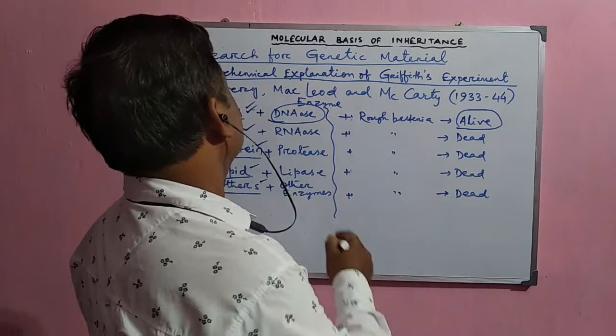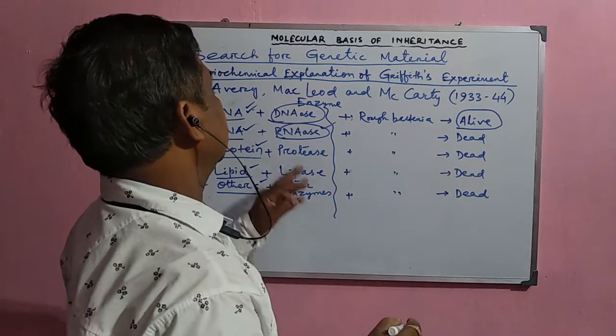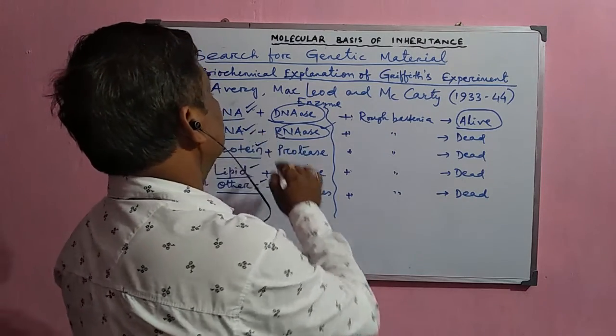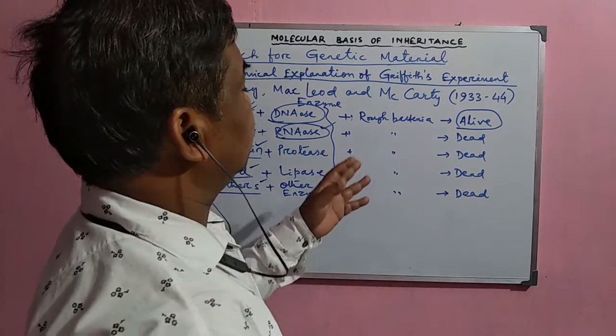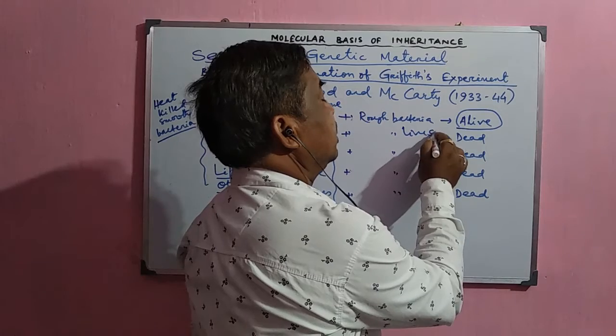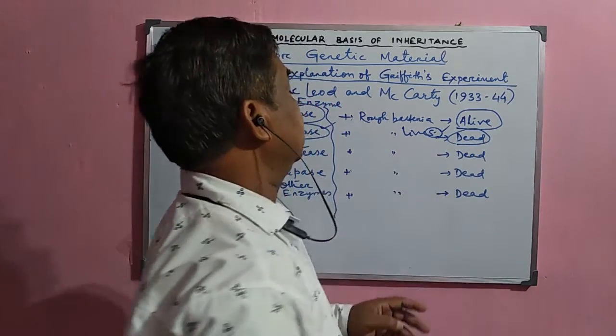Next, they added the RNase enzyme into the medium. RNase digests the RNA molecule, but it was found that the live S form, or smooth variety, was found and the mice died.